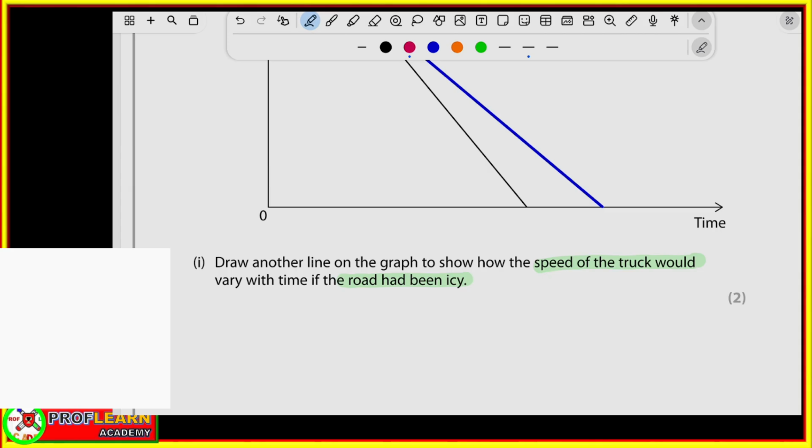It was having kinetic energy, so the moment brakes are applied, kinetic energy is transferred to some other forms of energy such as sound, thermal energy, and so on.